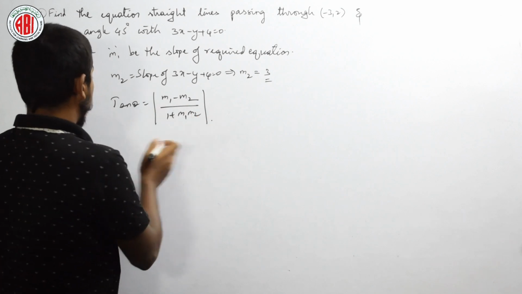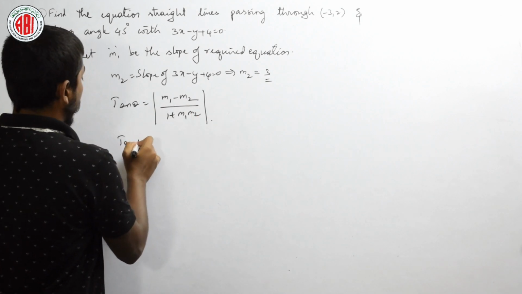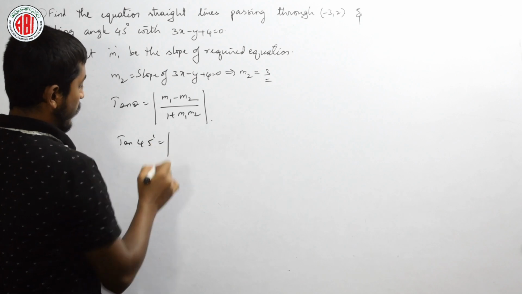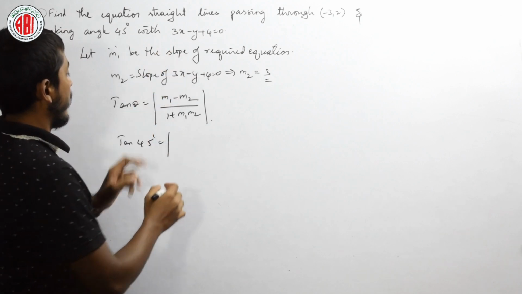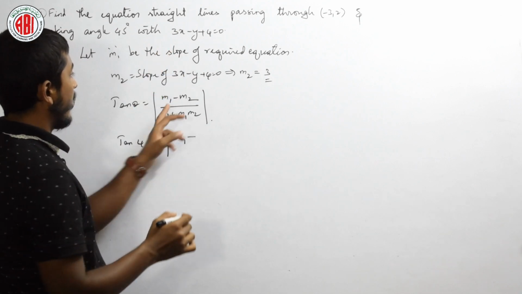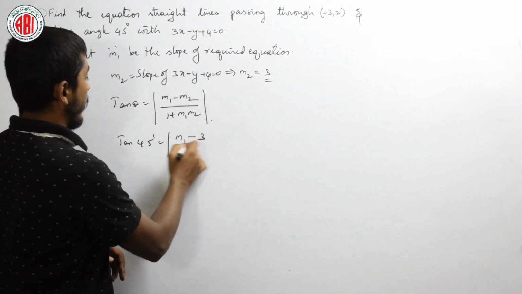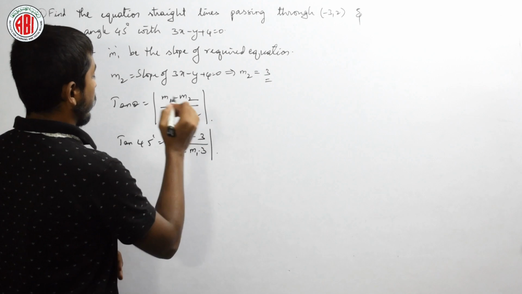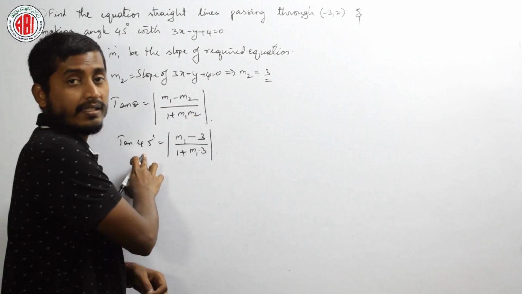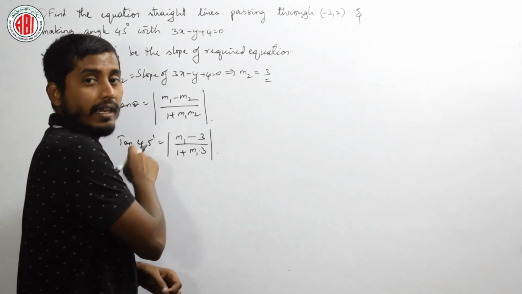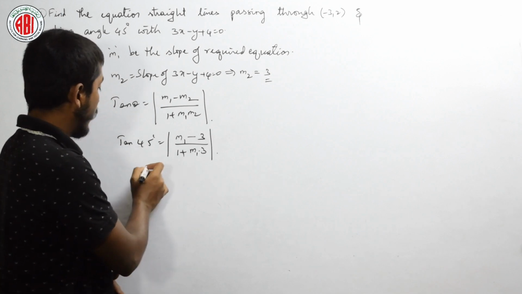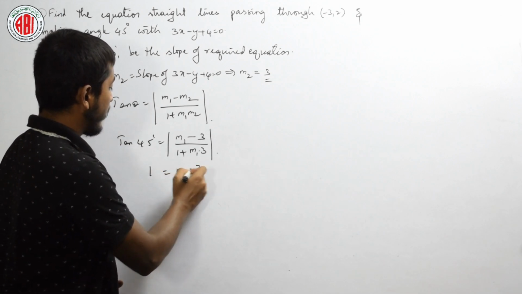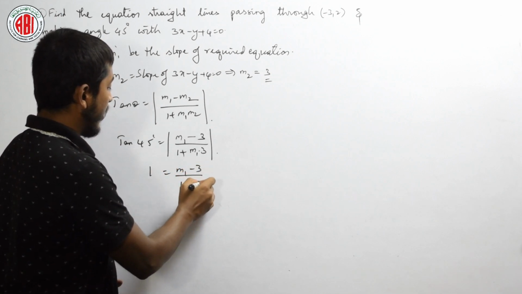Tan 45 is equal to mod of m1 minus 3 by 1 plus m1 into 3. What is tan 45? Tan 45 value is 1. Let us substitute and simplify this: 1 is equal to mod of m1 minus 3 by 1 plus 3 m1.